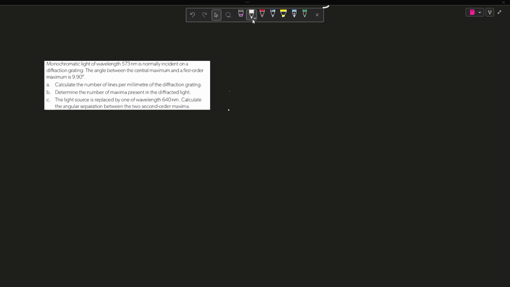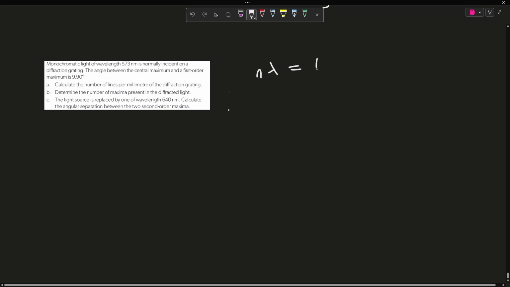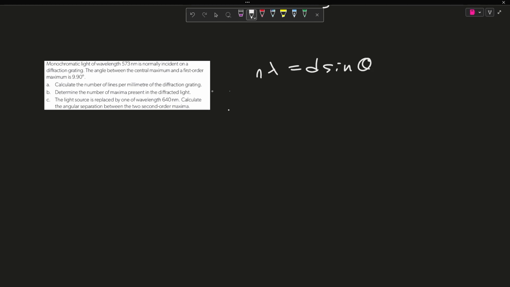So to calculate the lines per millimeter, just use the formula as always. Wavelength equals d sine theta, and the angle between the central maximum to a first order, so n equals 1. So 573 times 10 to the minus 9 is equal to d times sine of 9.9 degrees.